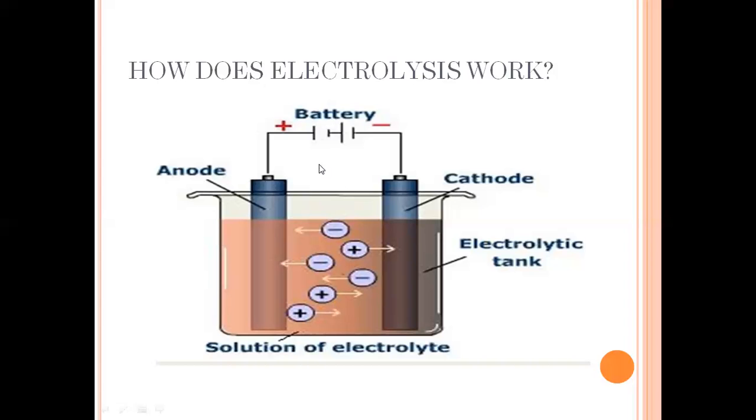So it is the process of electrolysis that negative ions are attracted to the anode and positive ions are attracted to the cathode. When we attach the battery to these electrodes, negative ions lose their electrons, the anode moves these electrons from the positive terminal to the negative terminal, and here positive ions gain these electrons and may be deposited in the solution or become a gas and release out.